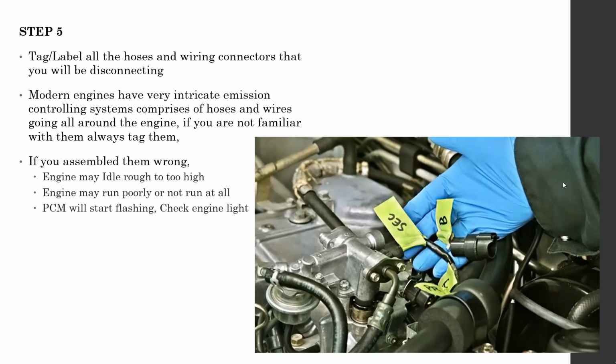So because of that, if you are not familiar with that particular engine or manufacturer, the best thing is to always mark everything before you dismantle. It's not necessary to tag them. You can even take photos, or note it somewhere else, or take a video. Anything is okay. Just make sure that you can fix them back.